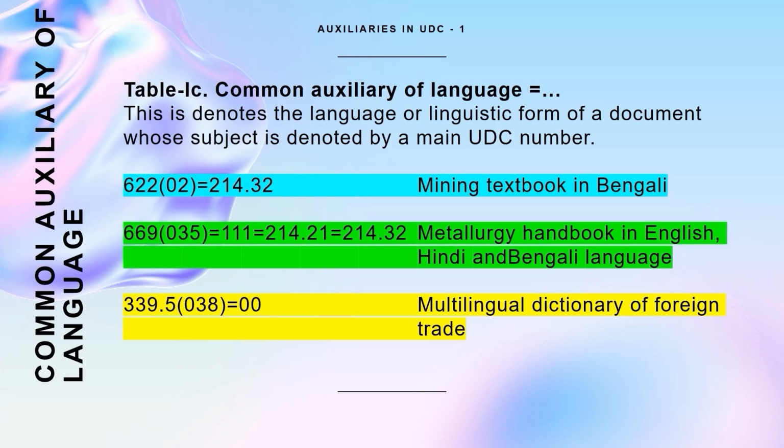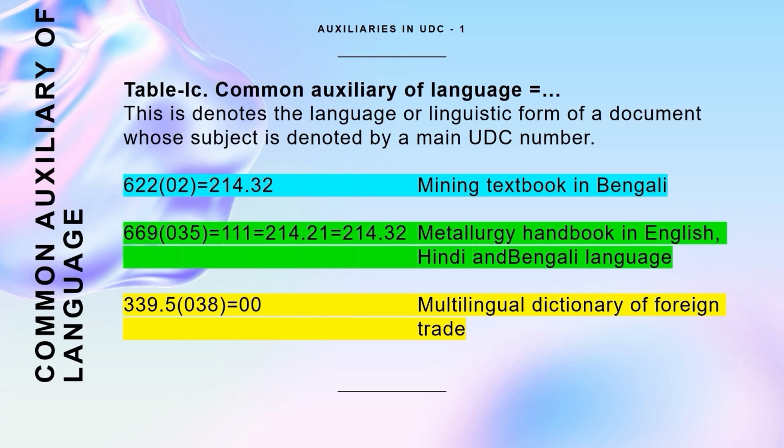Okay, you see another example. Metallurgy handbook in English, Hindi and Bengali language. So first you give the metallurgy handbook, that is 669 for metallurgy, and within parenthesis 035 for handbook, and English language equal to 111, then Hindi language equal to 214.21, then Bengali language equal to 214.32.